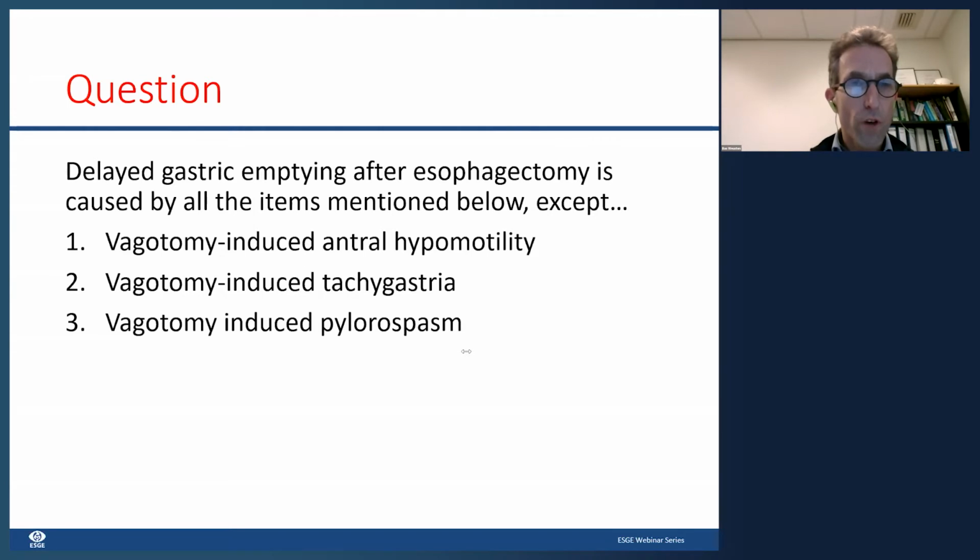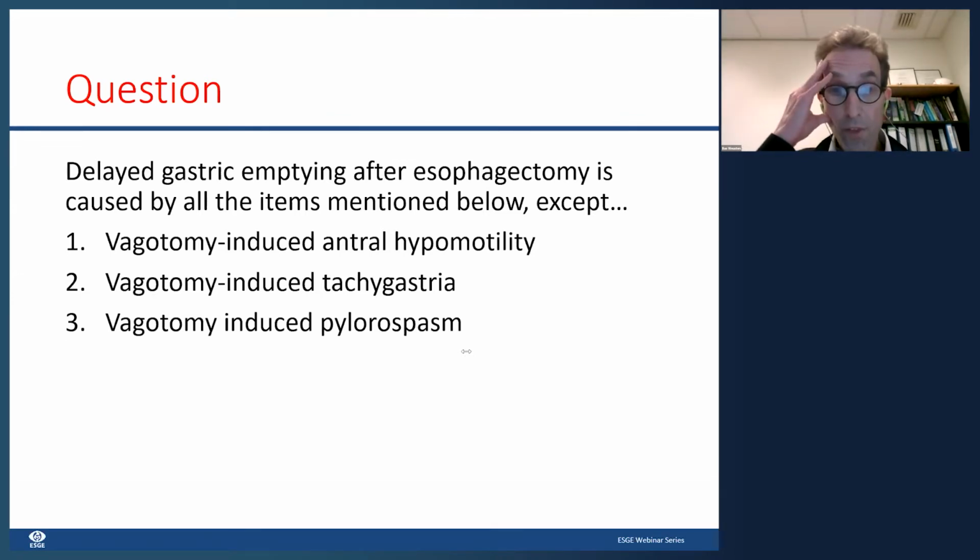Do you vote for a vagotomy-induced enteral hypomotility? Is that an exception of the causes? A vagotomy-induced tachygastria, or a vagotomy-induced pylorospasm? So it's a little bit a difficult question in terms of how I put it. So one of these 3 is false.